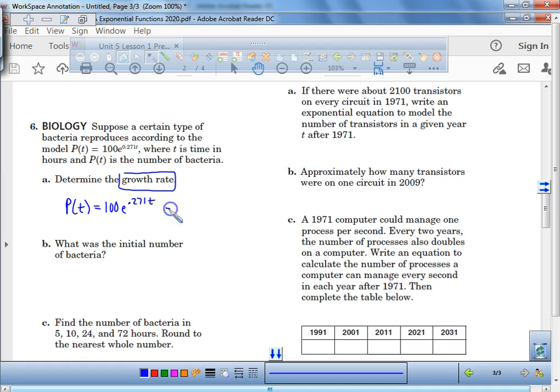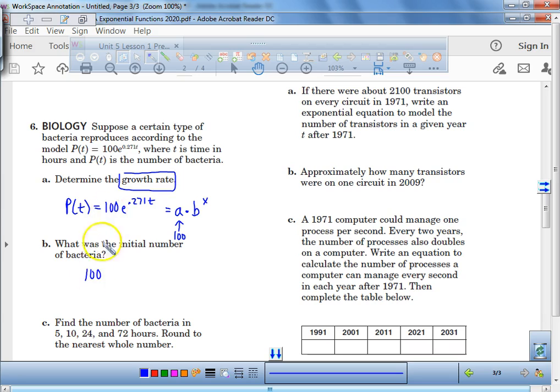So check this out. This is in the form of A times B to the power of X. Now, what is our A value in this particular problem? What's the initial value? 100. All right, that's our 100. So we're starting out with 100 bacteria.